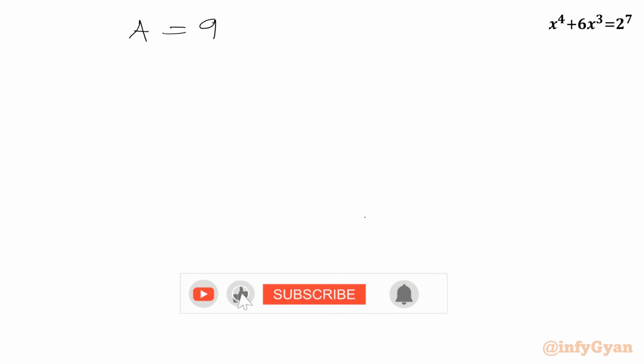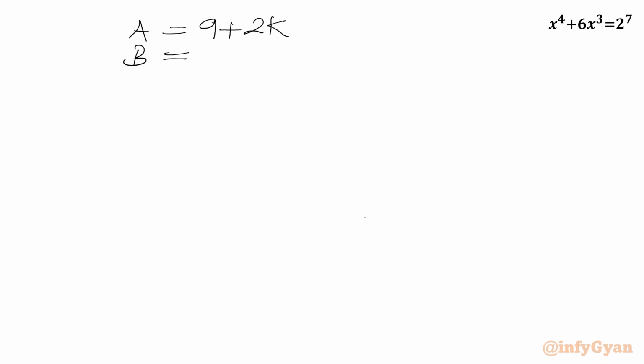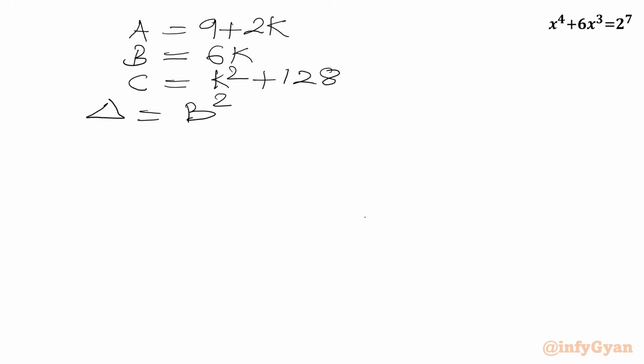So let me write here a value which is 9 plus 2k. B value will be equal to 6k and C value is k square plus 128, then our discriminant delta, b square minus 4 times AC, must be 0.